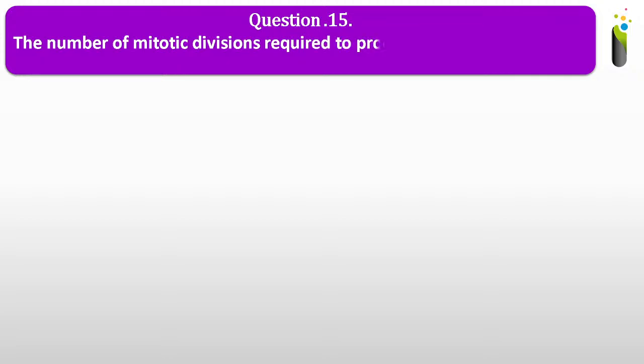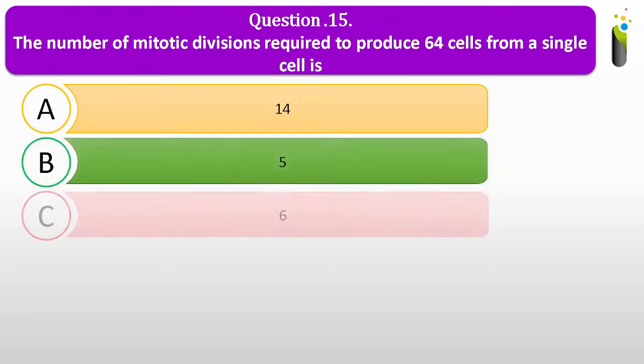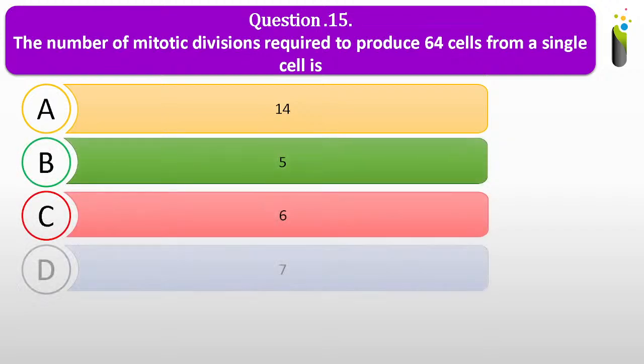The number of mitotic divisions required to produce 64 cells from a single cell is dash. A 14, B 5, C 6, D 7.